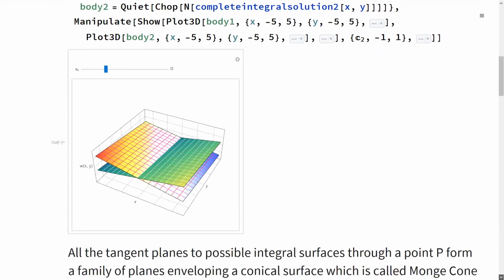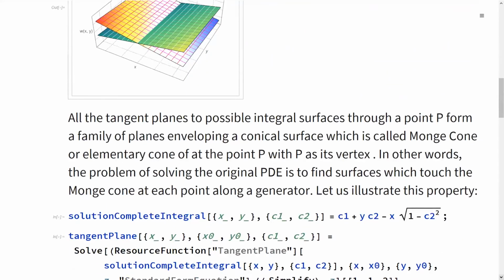All the tangent planes to possible integral surfaces through a point P form a family of planes enveloping a conical surface, which is called the Monge cone, or elementary cone, at the point P, with P as its vertex. In other words, the problem of solving the original PDE is to find surfaces which touch the Monge cone at each point along a generator.